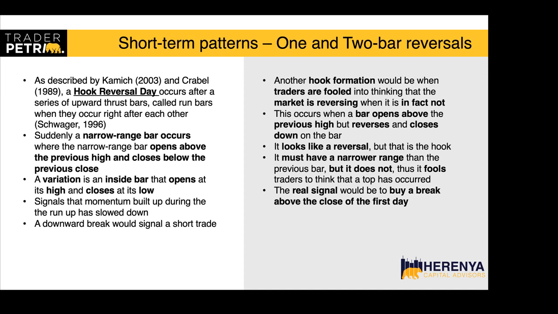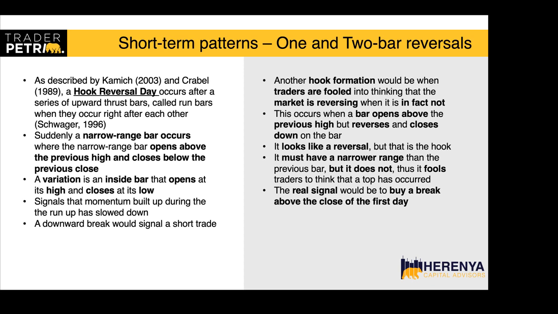Because those are what I've just described now is a hook reversal day. So that's a legitimate sort of reversal pattern. So what happens with the hook is that people get fooled. They think that this is the pattern that they're seeing, but it's actually not. So what happens is the bar opens above the previous high, reverses, closes, and is a down bar.